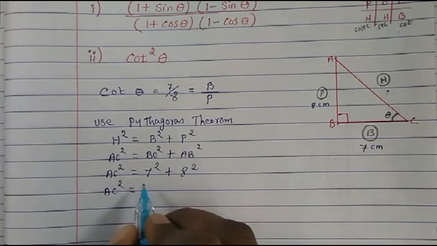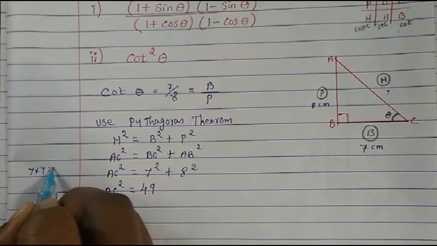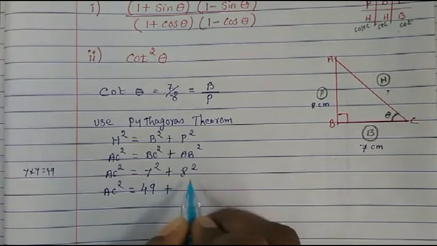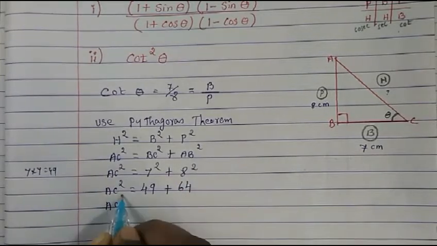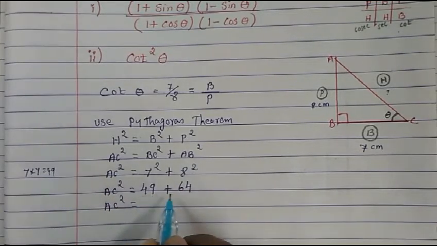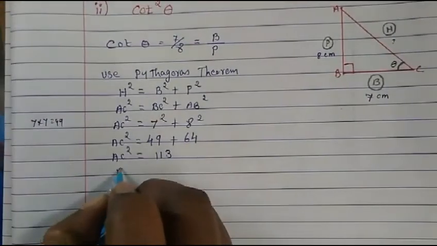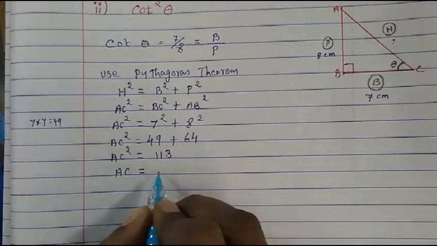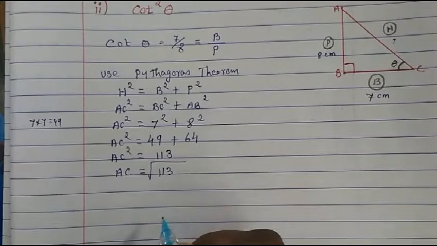7 square means 7 into 7, which is 49. Then 8 square is 64. So 49 plus 64 gives us 113. Then AC equals, bringing the square to this side, it becomes under root.